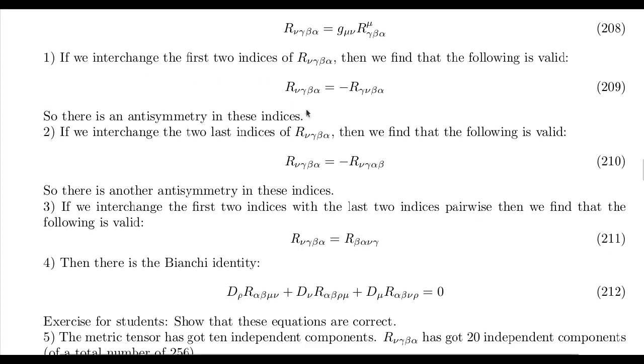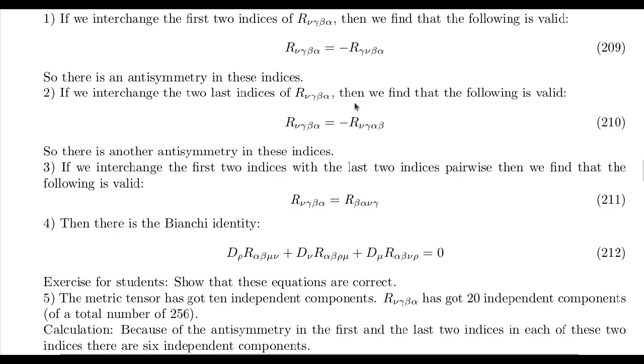If we interchange the first two indices, here nu and gamma, to gamma and nu, then we would have an anti-symmetry. That means we have a minus here in R. And the same we have in the last two indices, beta alpha and alpha beta. There's also an anti-symmetry in the last two indices.